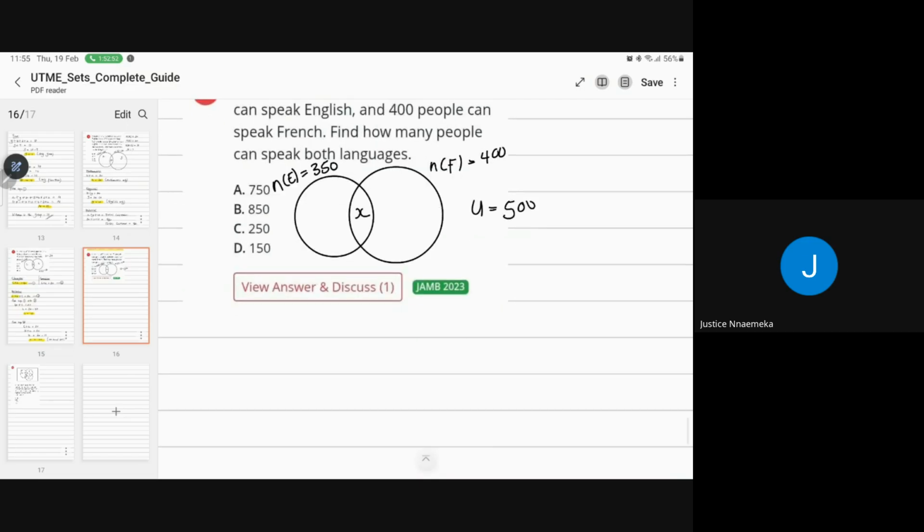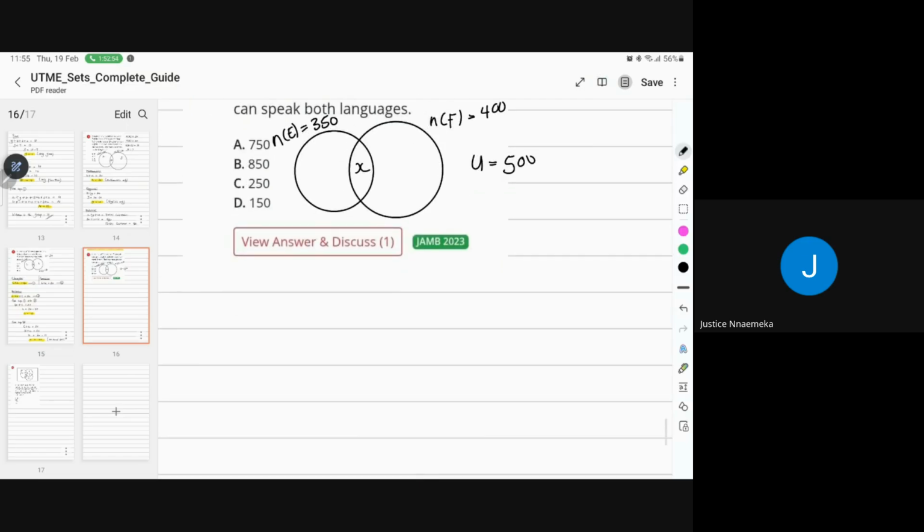So as always, we'll go for English first. Let only English be E, let only French be F. So we'll have E plus X is equal to 350. Now let's have it for French.